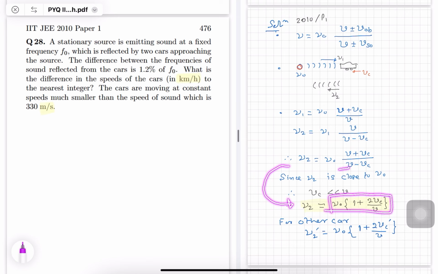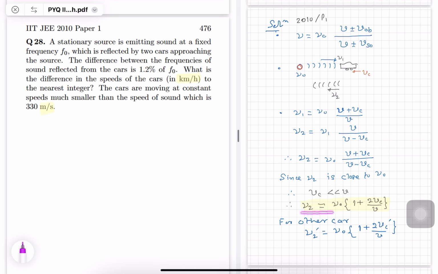If you take V outside, we will get (V plus Vc) by V in the numerator, and in the denominator 1 minus Vc by V, and then use the result that 1 upon 1 minus x is approximately 1 plus x for small x, right? So this will come as something like 1 plus x squared, then a further approximation is 1 plus 2x, where x is Vc by V.